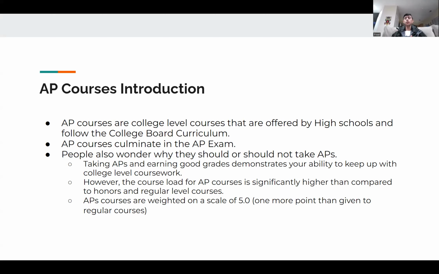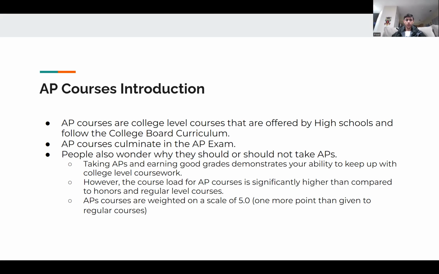There are three benefits. One, it'll prepare you for college, as all the college courses are at that same rigor. Second, it'll prepare you for that particular subject, and it'll help in the college admissions process as it is a weighted course. Alongside that, the course has an AP exam, which you take on a scale from 1 to 5, and it helps in terms of standardized testing.